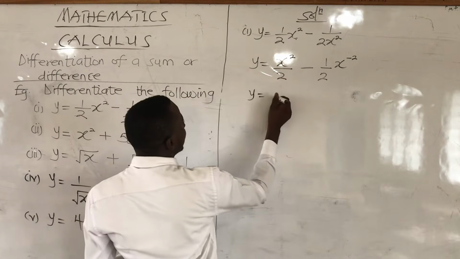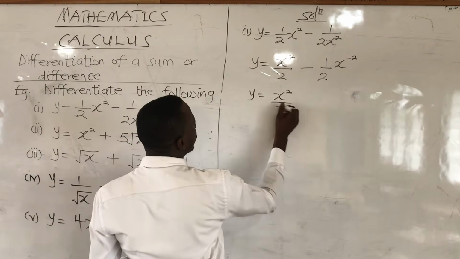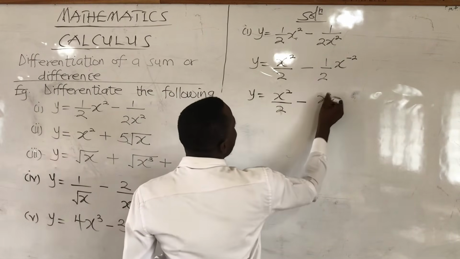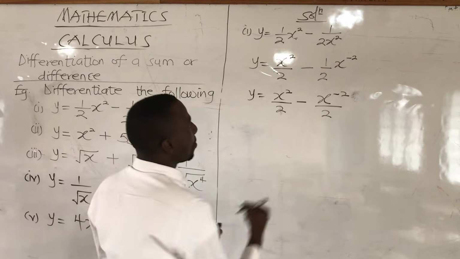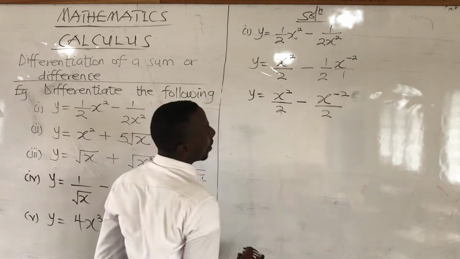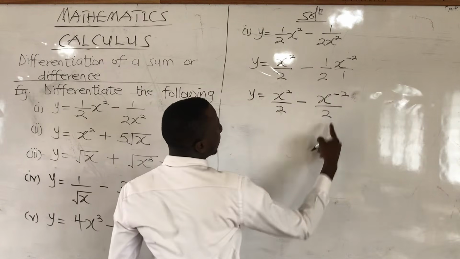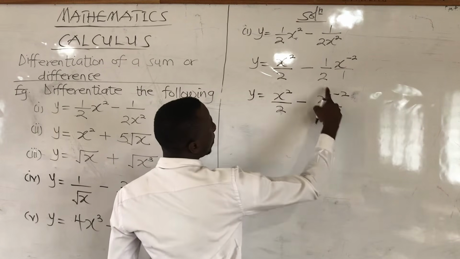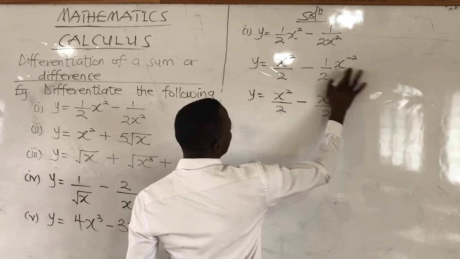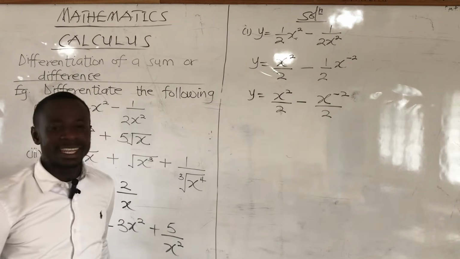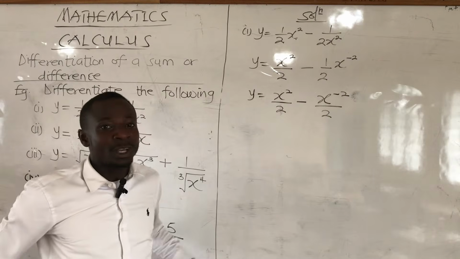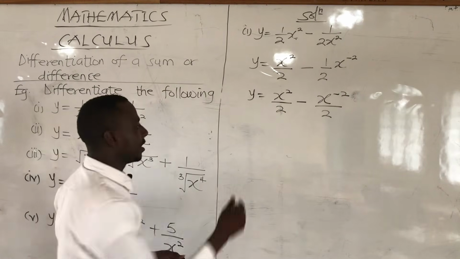So if that's the case, we are going to have x squared over 2 minus x power negative 2 over 2. Why? Because this is also over 1. 1 times x power negative 2, we still have x power negative 2. 2 times 1, we still have 2. So now we have written everything in an exponential form. So we can now start with the differentiation.